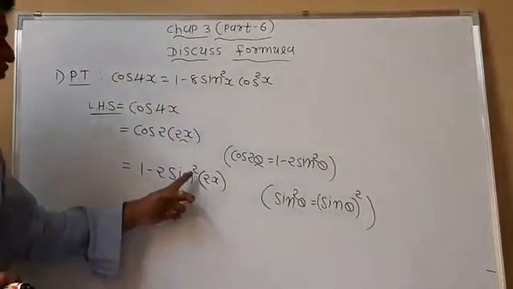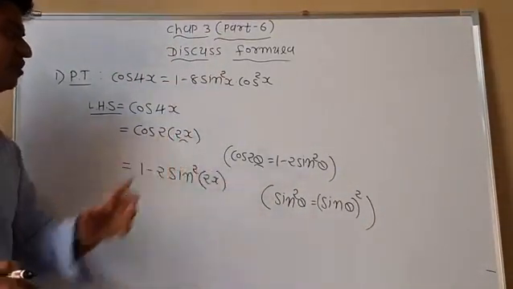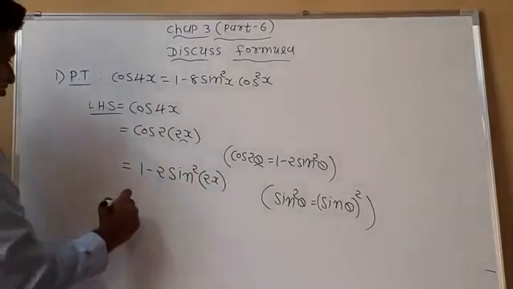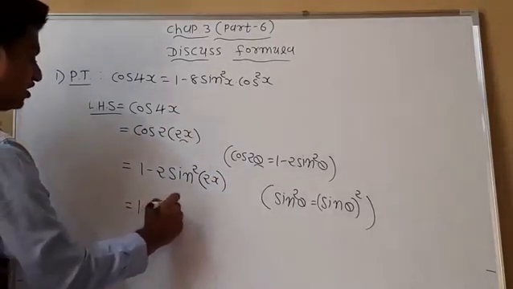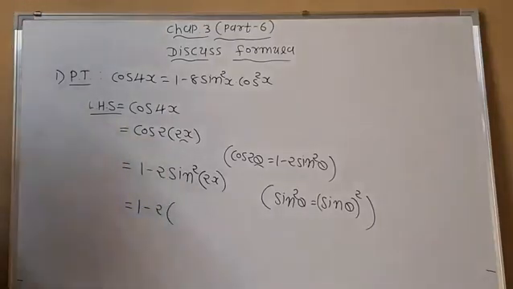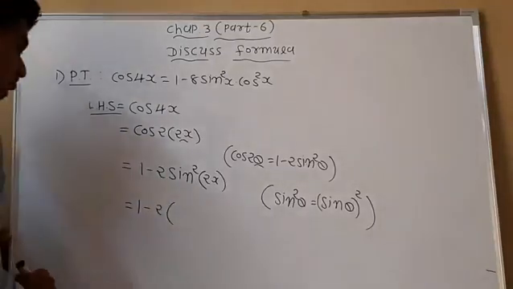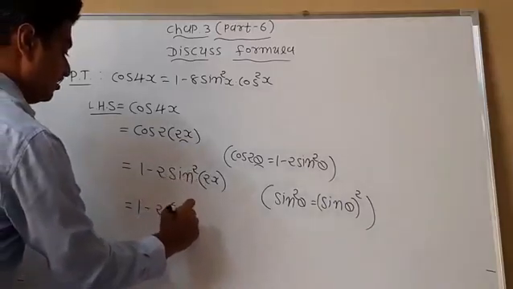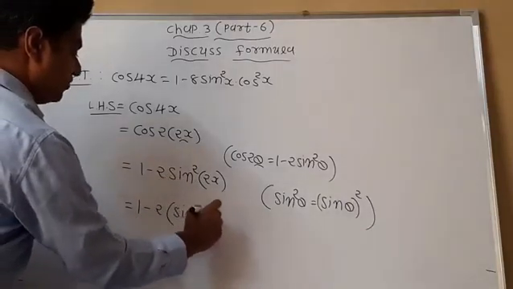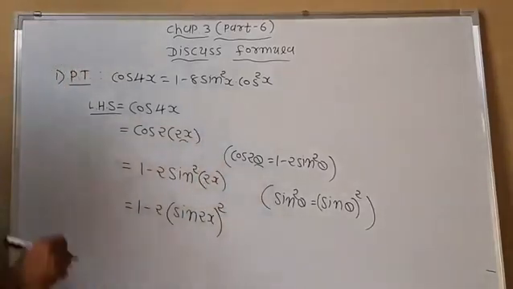So the square is written outside, so 1 minus 2 into bracket sin 2x bracket over whole square.